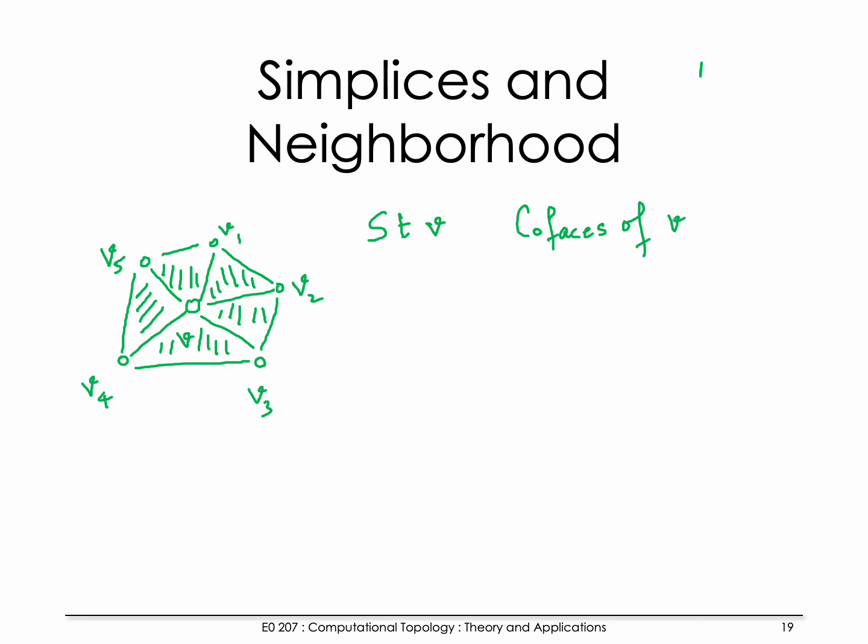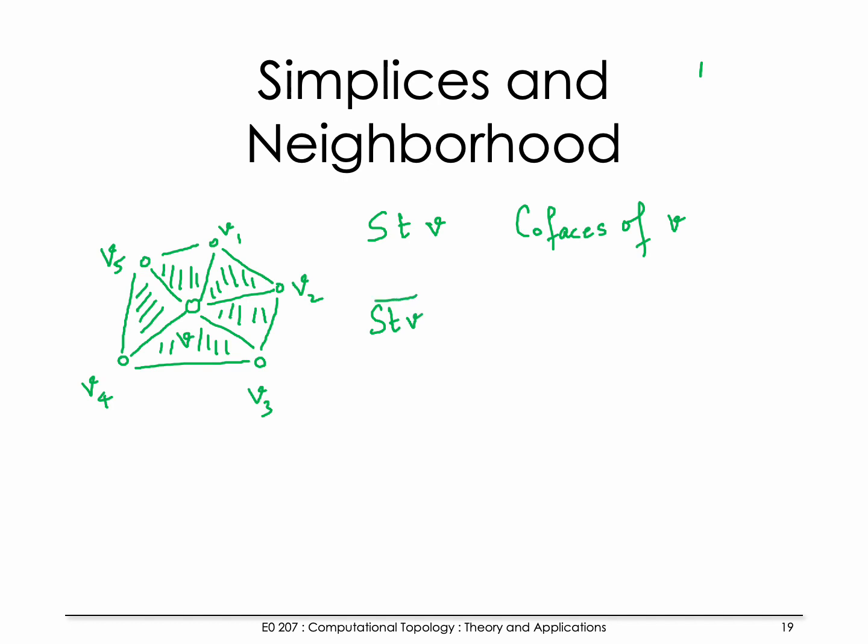Note that this star need not be a simplicial complex. For example, the star contains the triangle VV1V2, but it does not include the edge V1V2. So star of V need not be a simplicial complex. We could make it a simplicial complex by including all the faces, and we call that the closure of this star.